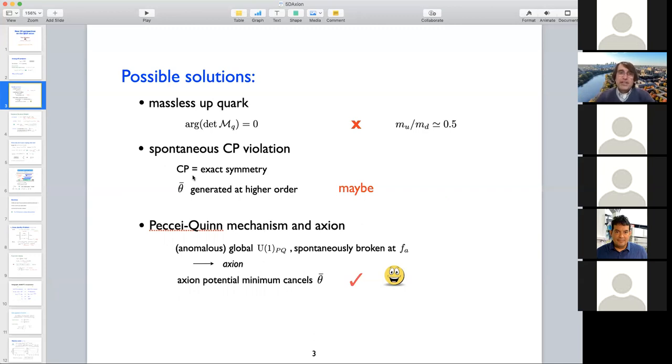Alternatively, you can imagine that CP is an exact symmetry, and it's only spontaneously broken in the vacuum. Because you're starting from zero, an exact symmetry, any violation of theta bar would be generated at higher loops, and that could explain why theta bar is so small.